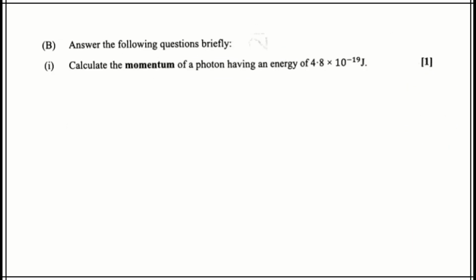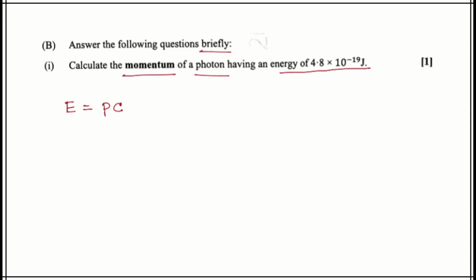Next question. B. Answer the following questions briefly. Question number 1. Calculate the momentum of a photon having an energy of 4.8 into 10 to the power minus 19 joule. The required formula will be energy equals momentum times speed of light.